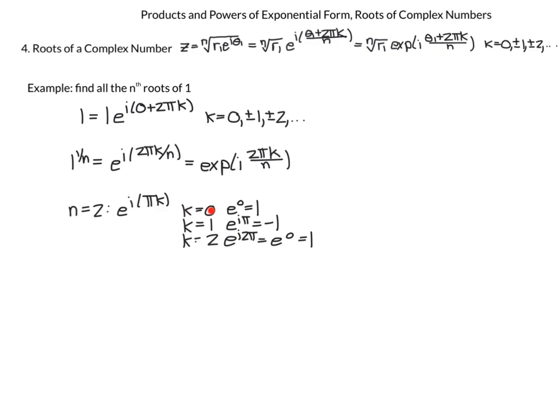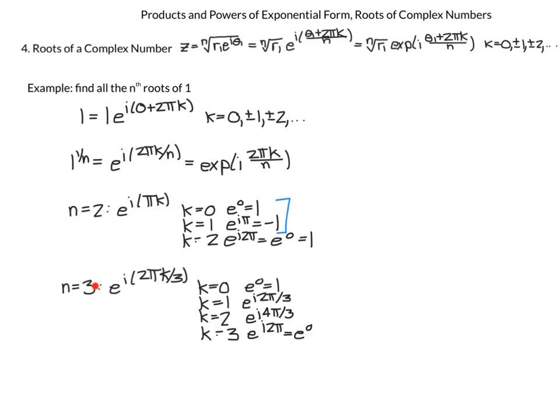So when k is equal to 0, we get e to the 0, which is 1. When k is equal to 1, we get e to the I pi, which is negative 1. And when k is equal to 2, we get e to the I 2 pi, which is back to 1. So we have these two roots here. We have 1 and negative 1, which is what we would expect.